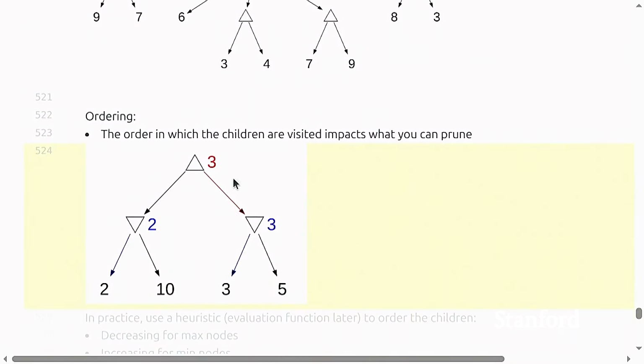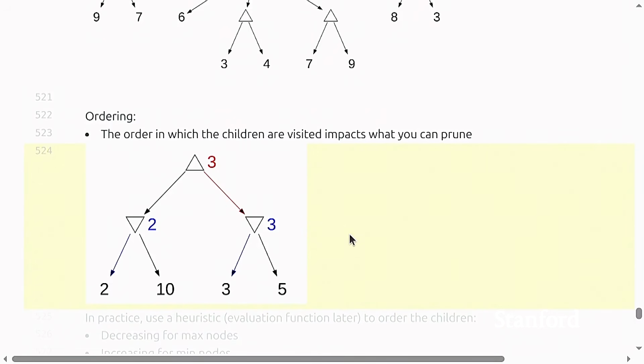However, if we have 2, 10, 3, 5, now when you're computing this, you get a 2, and now when you go over here, this is greater or equal to 2, this is a 3, so you won't be able to prune this.